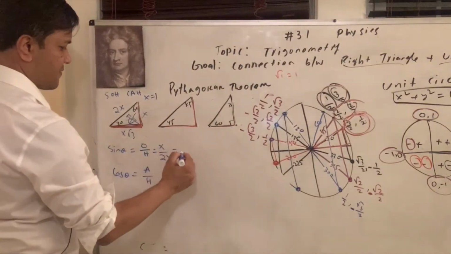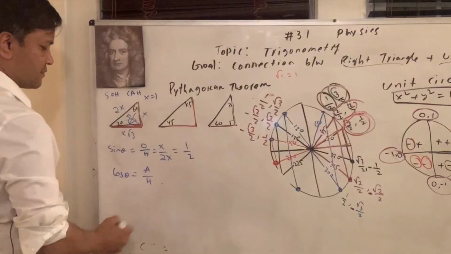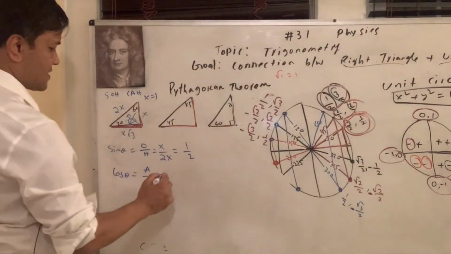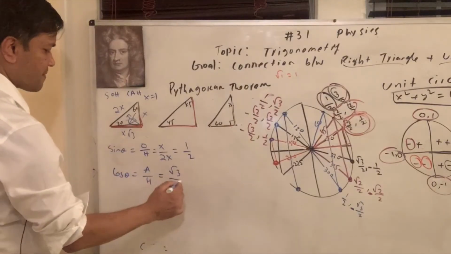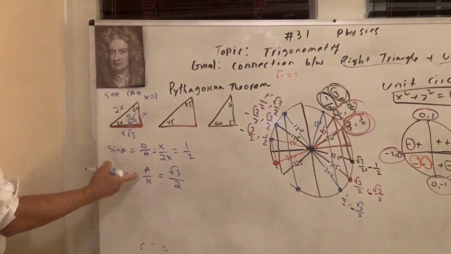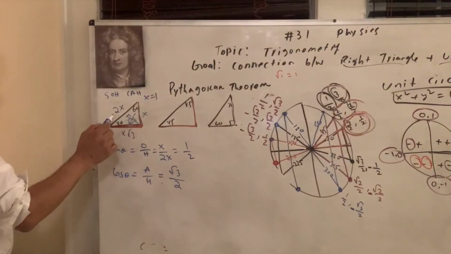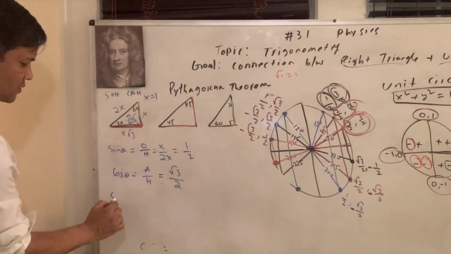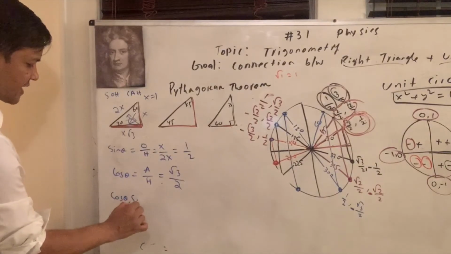So then I have sine 1 over 2. And the cosine, let's see. Adjacent, which is square root of 3, because x is 1 and hypotenuse is 2. Alright, so I have sine and cosine. So 30, 60, 90 degree triangle gives us cosine comma sine.